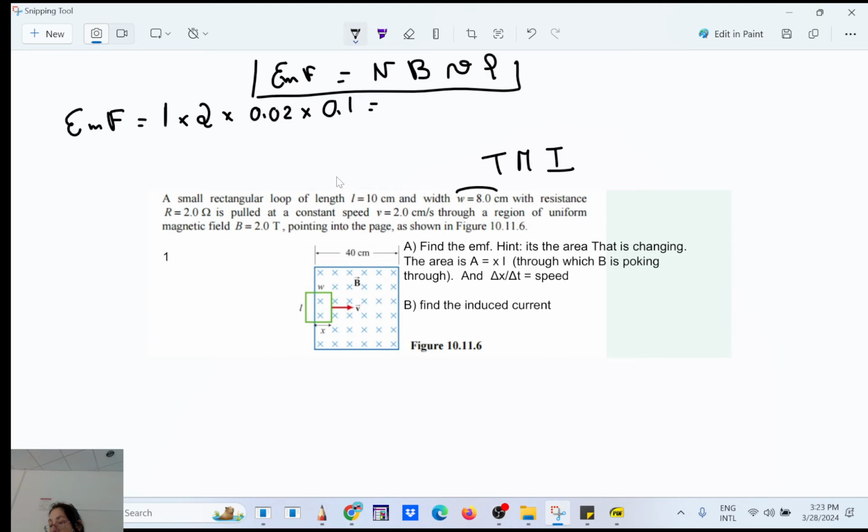So what do you get? Volt. 1, 2, 3. So 4 millivolt.